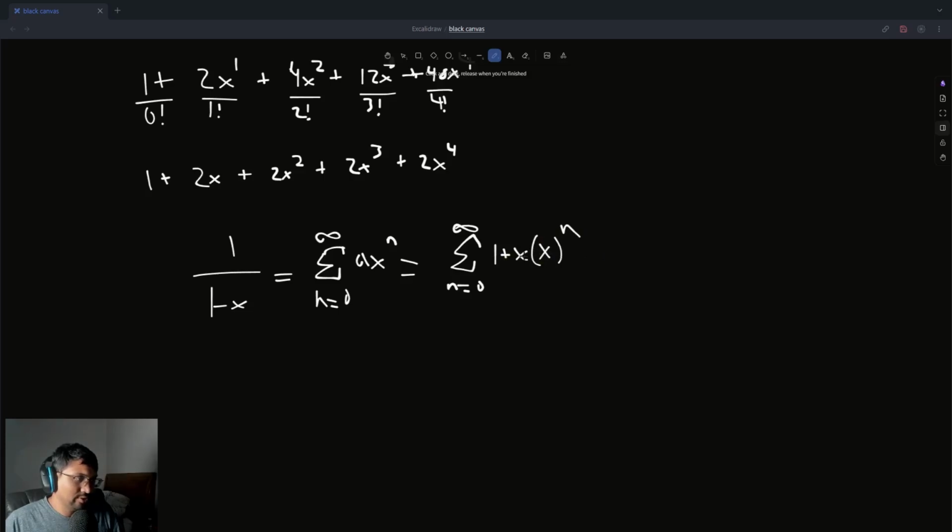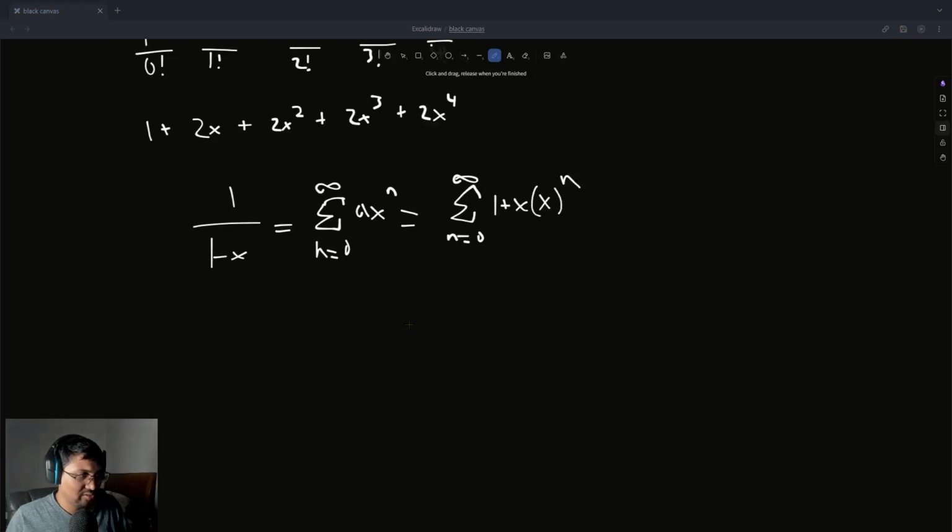If we wanted to double check that, this should be correct, but let's go ahead and do some terms just to make sure. The first terms, if we're starting at 0: 1 plus x times x to the 0. Anything to the 0 power is just 1.